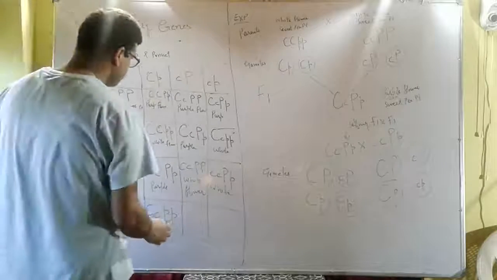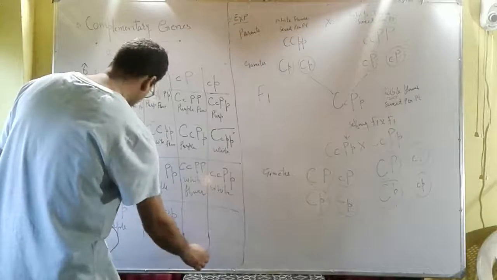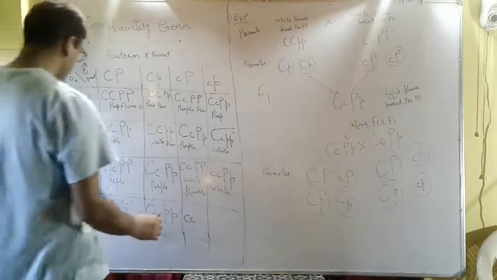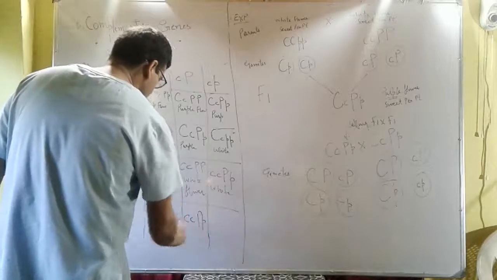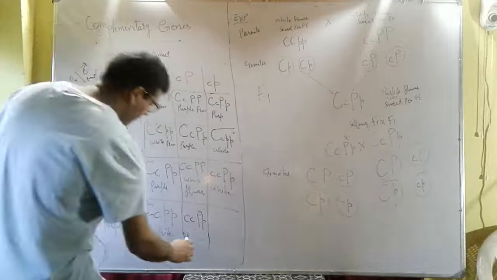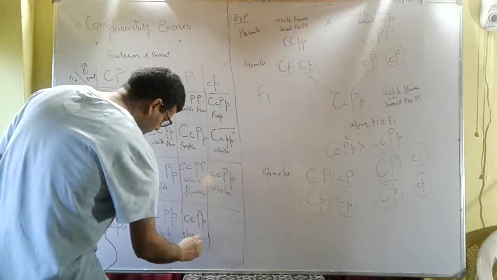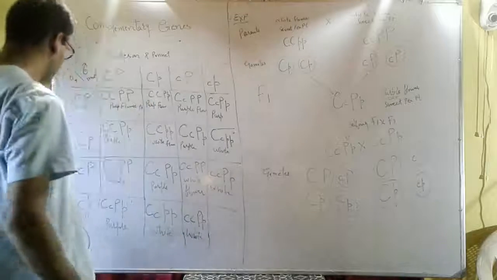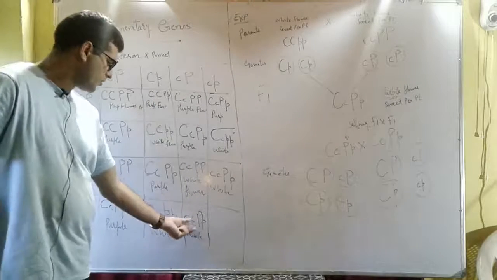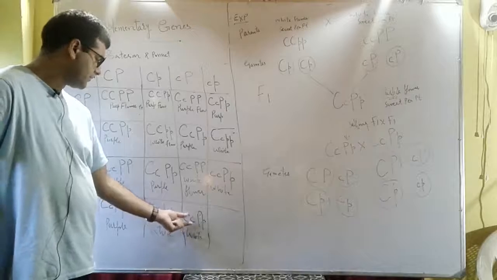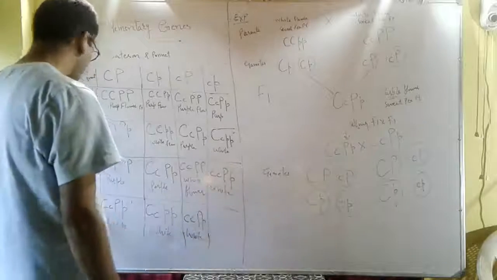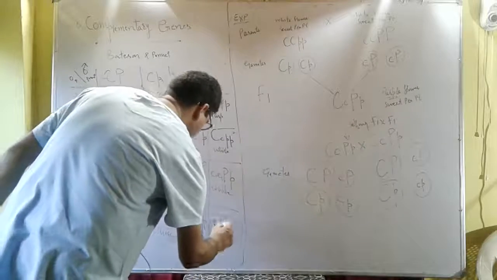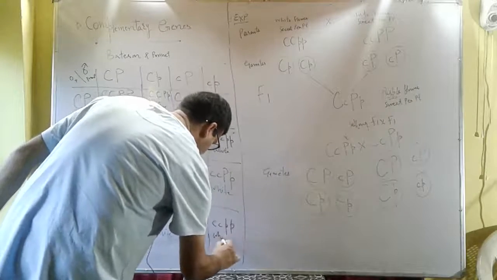Then we have small c and capital P, small p. That means it will be white, because one dominant allele is absent. Then we have small c and small p, it would also be white.